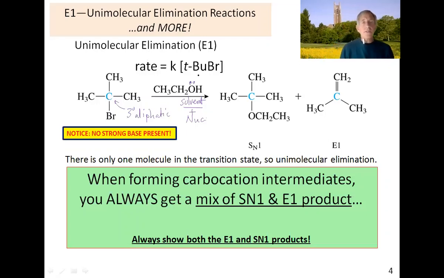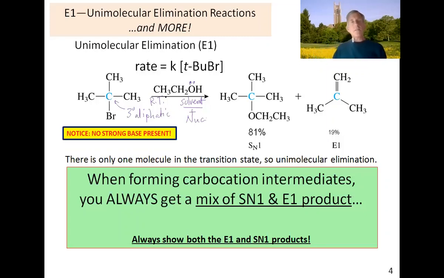So this could take place under SN1 conditions, which means basically I'll leave nothing here. It might even be room temp. At room temperature, this is what would happen.